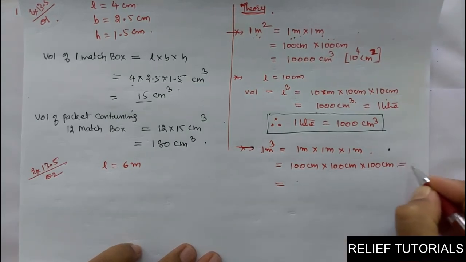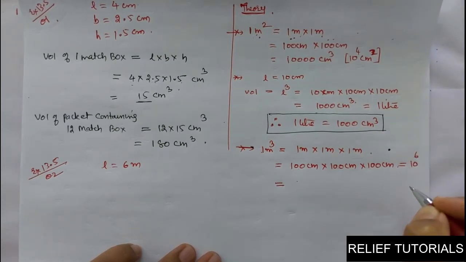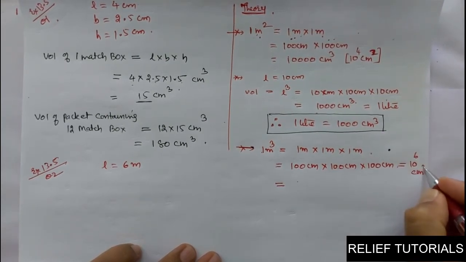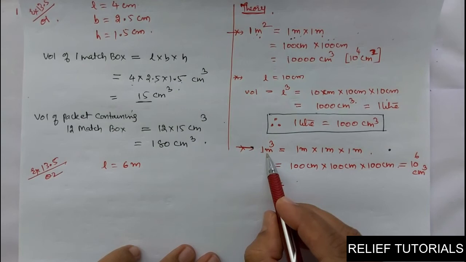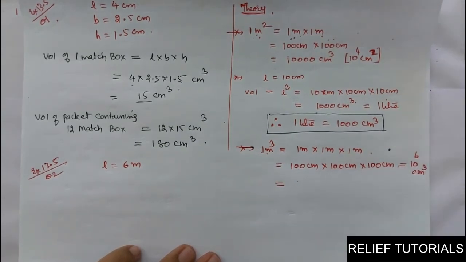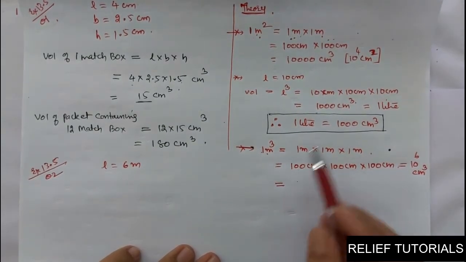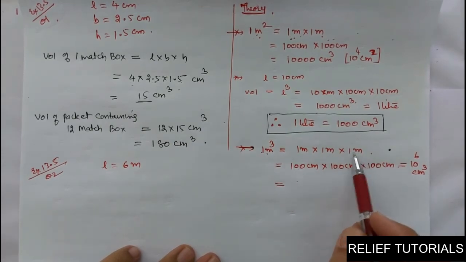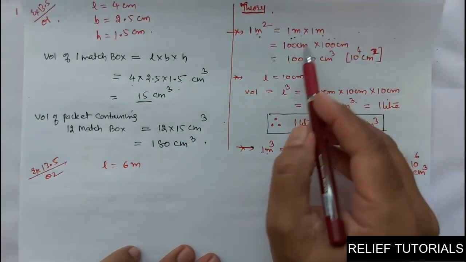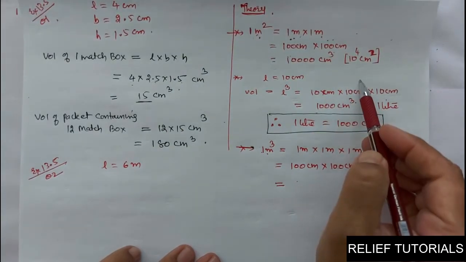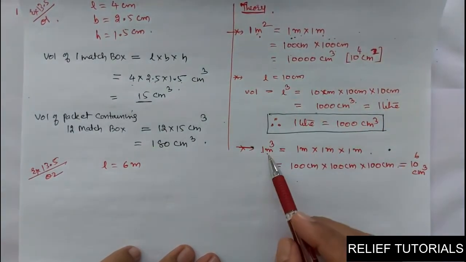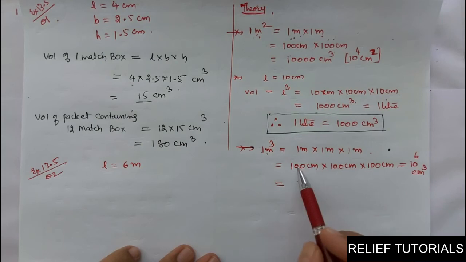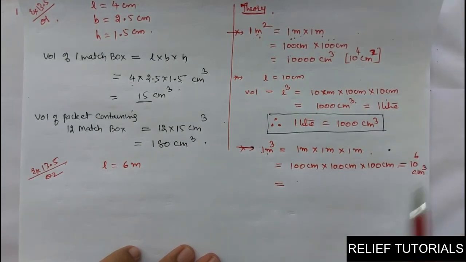So 1 meter cube is equal to 10 raised to 6 centimeter cube. Easy. Here, square means 1 meter into 1 meter, 100 into 100, so 10 raised to 4 centimeter square. Now 1 meter cube means 3 times 100, 100, 100, so 10 raised to 6 centimeter cube.